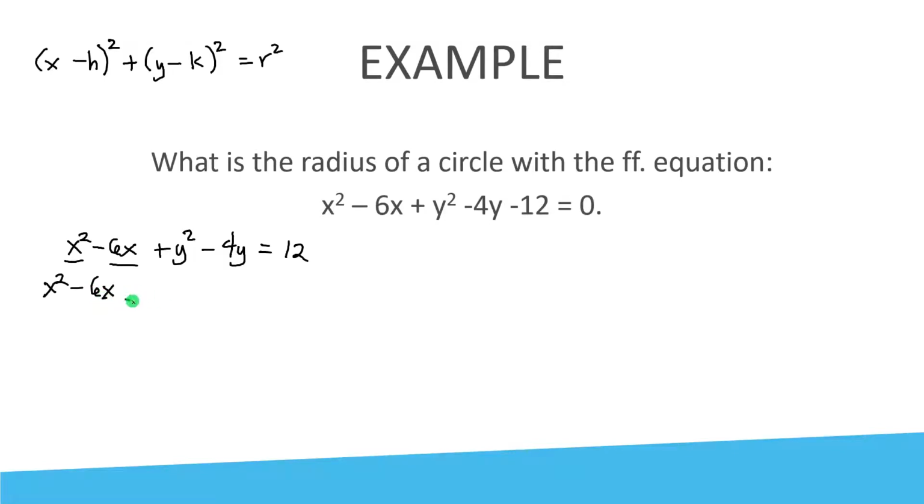So x squared minus 6x. What would be the third term for it to be a perfect square?